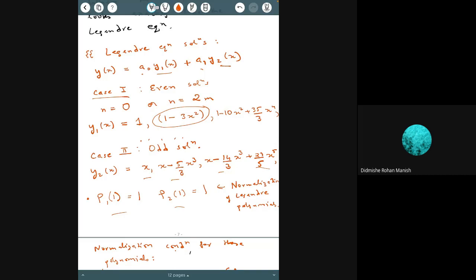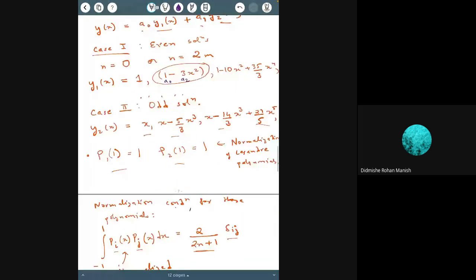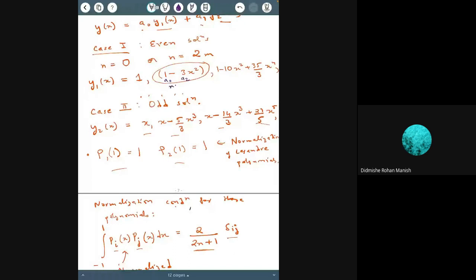Here a0 is 1 and minus 3 is a2, so this is for L equal to 2, because there are two terms, 0 and 2, up to x squared.